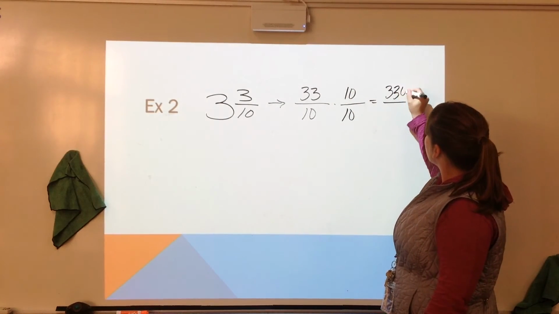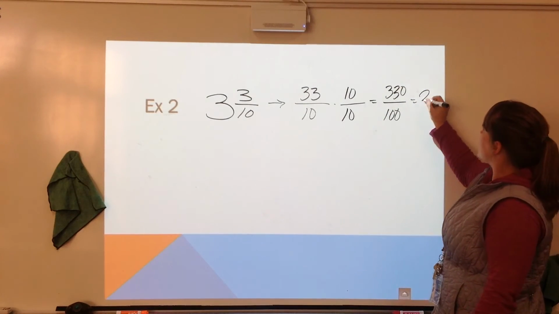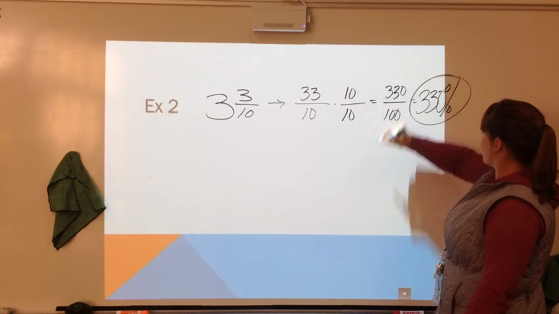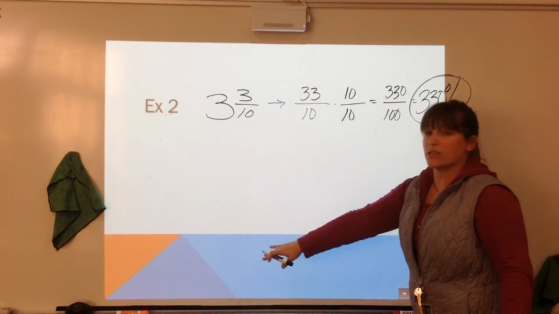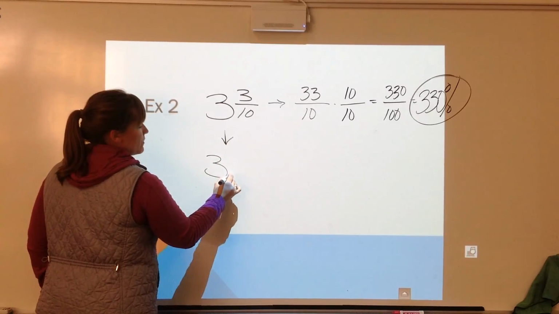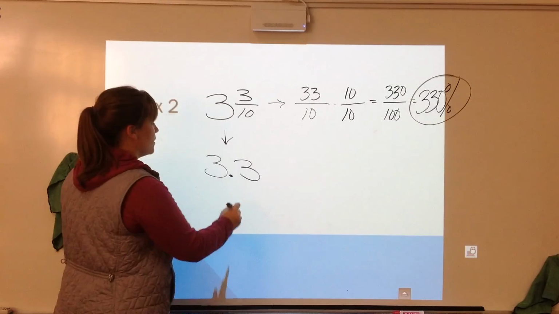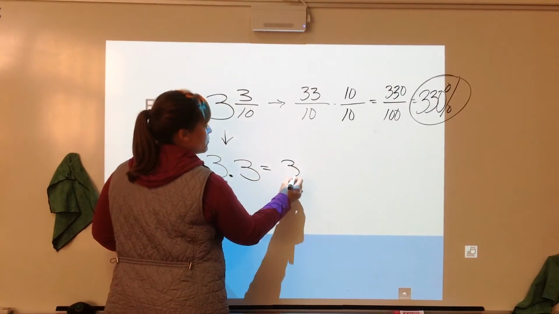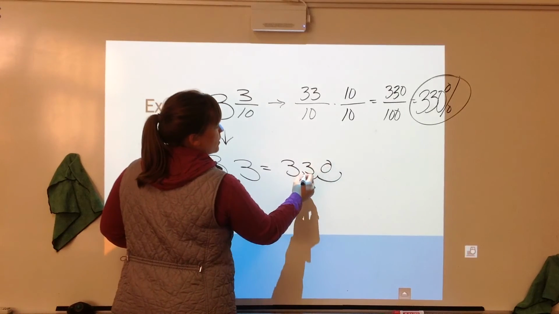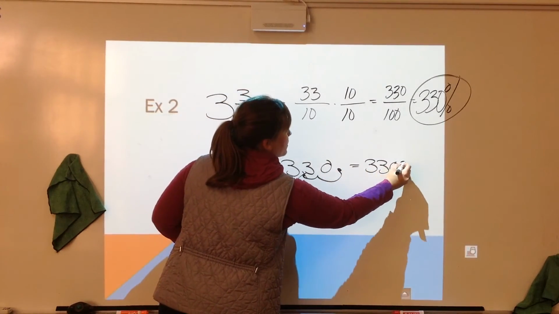I get 330 over 100. The numerator now becomes the percentage. Yay, we're done. Second way we could have done it, 3 3/10 is the decimal 3.3. Then we're going to move the decimal point over 2 places, ta-da, and we have 330%.